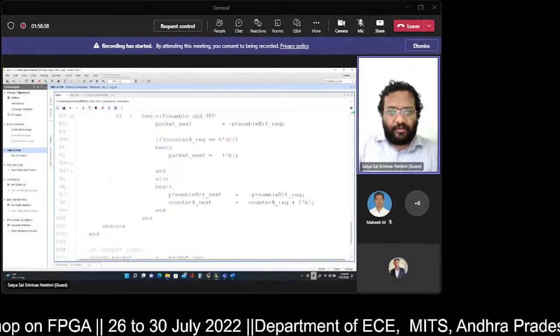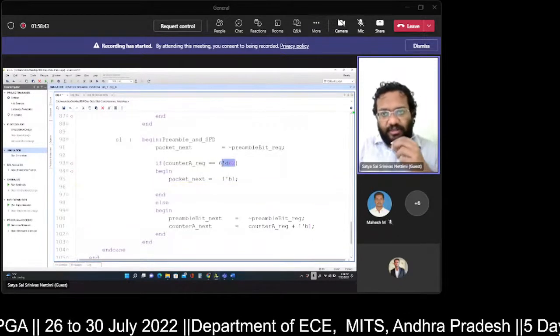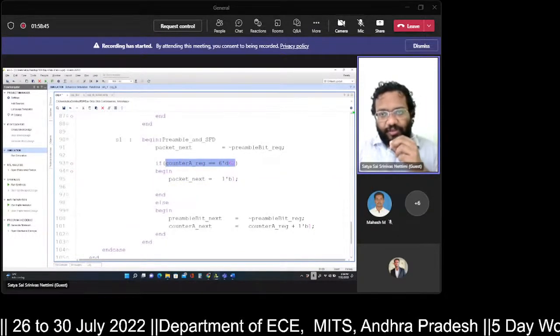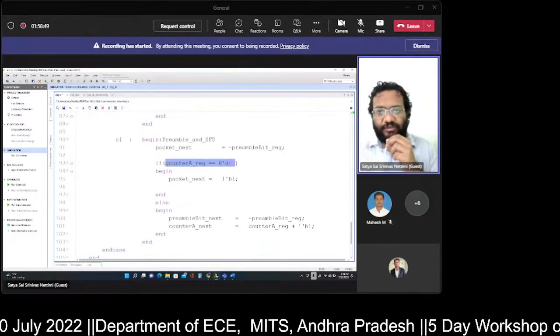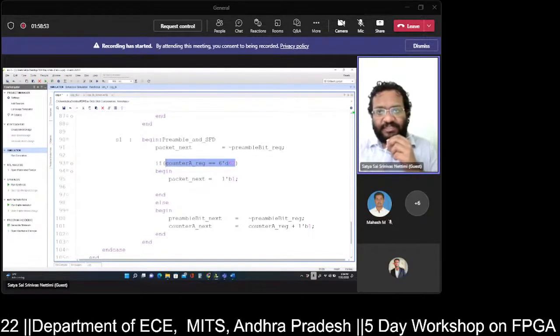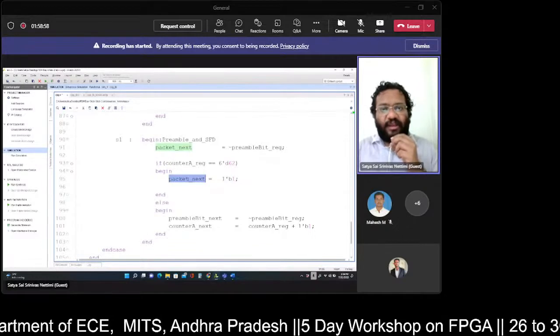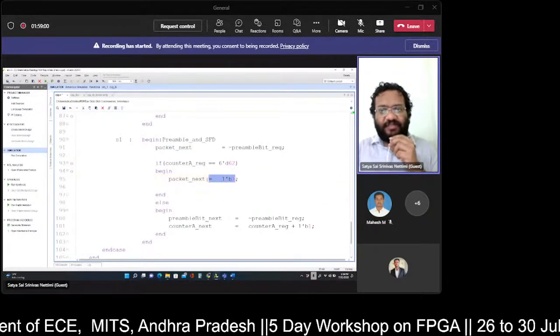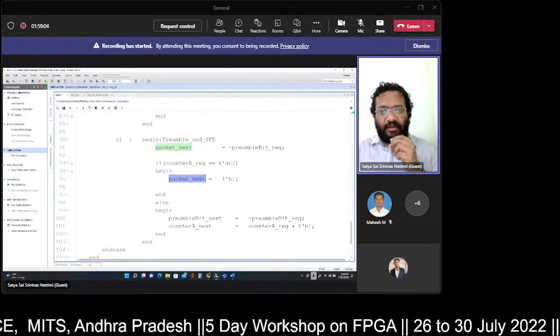Okay. Now what I am telling is, if the counter has reached up to 62, that means, if you also take into consideration 0, 0 to 62 means a total of 63 sequences. So 63 sequences of alternate ones and zeros are already sent out on the packet output. Now the last bit, that is 1, instead of 0 we have to send 1. That 1 we are sending on the packet output.